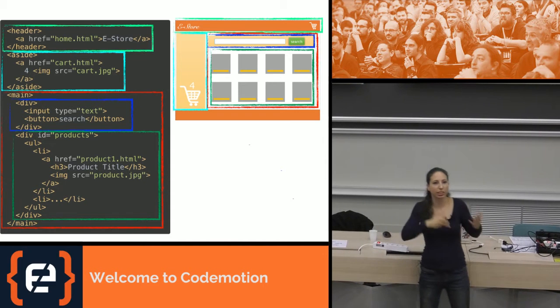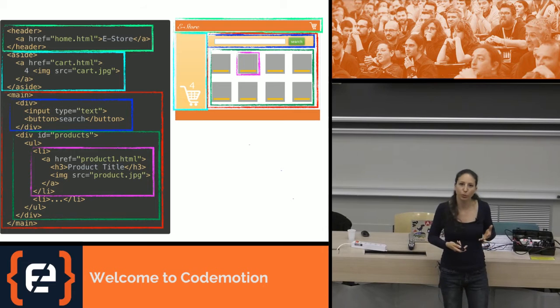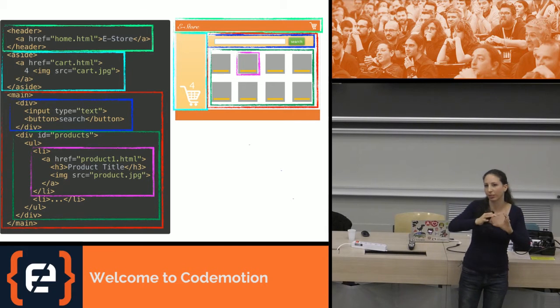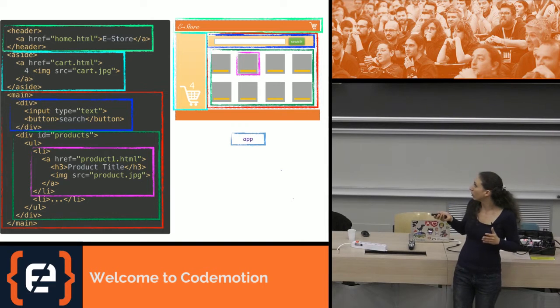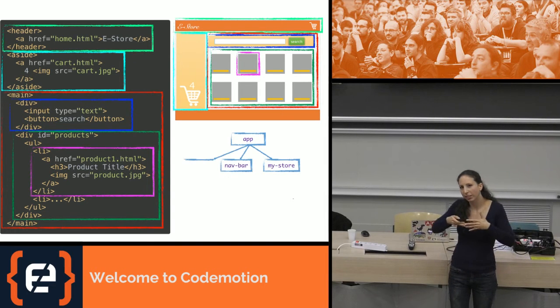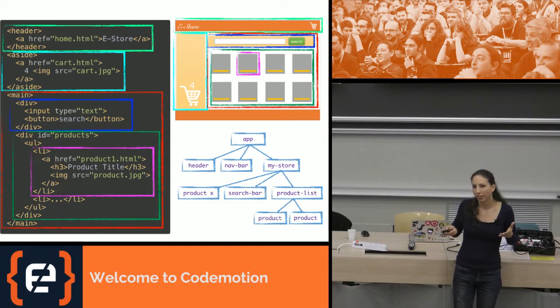So these are children of the main view. And inside this view, we have the product component, which is duplicated according to the product list. So we actually can see here a form of a tree of components, right?